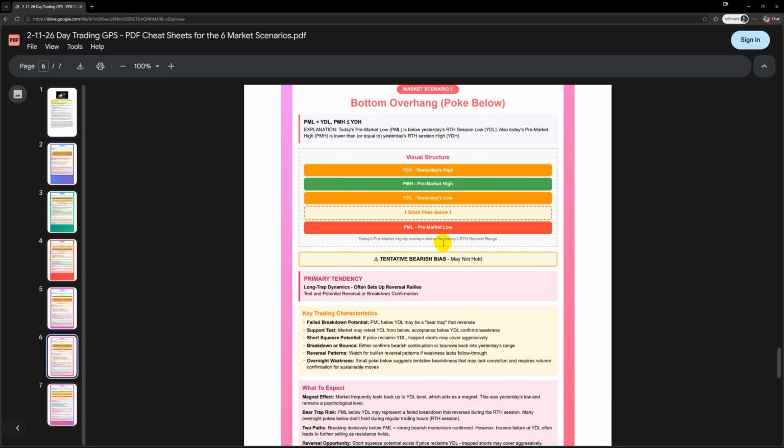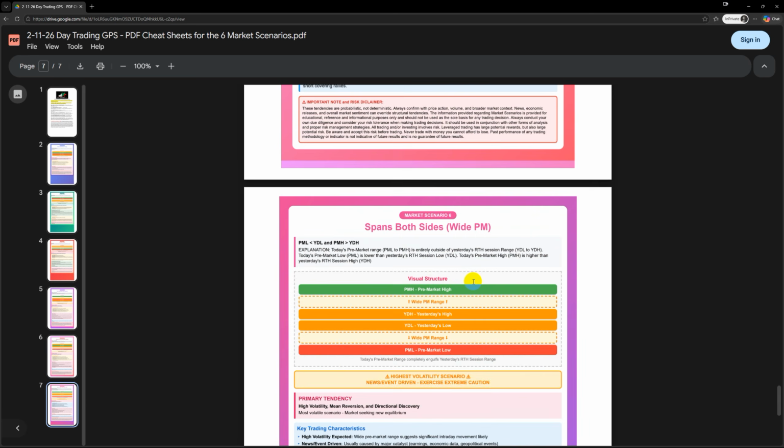You can also, as I said, download them to your computer, print them out, study them offline, have them up on a second monitor if you have multiple monitors, if you prefer not to have the market scenario analysis table on your screen, as it does take up a lot of space on your chart.